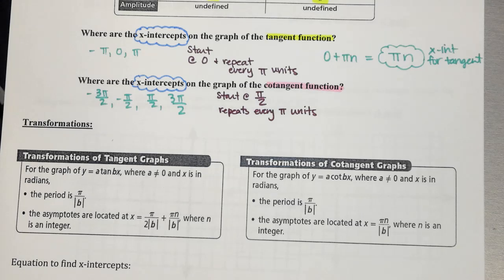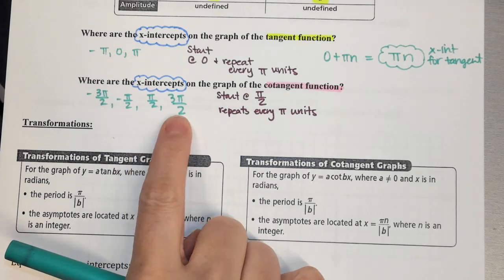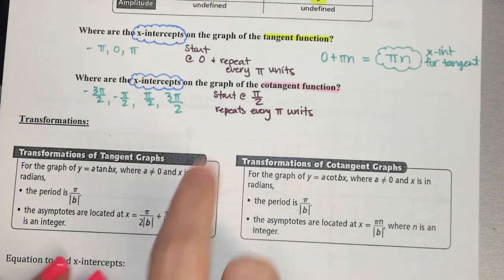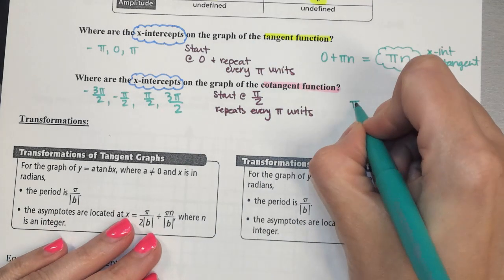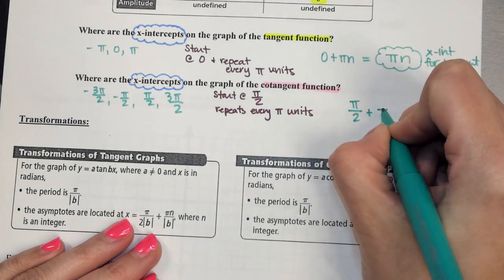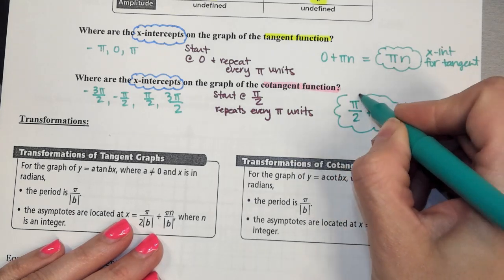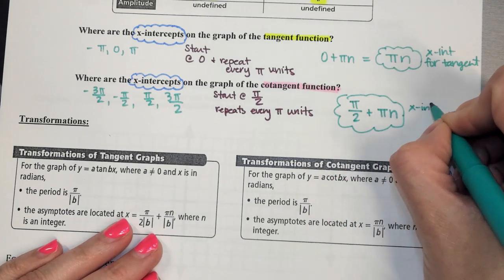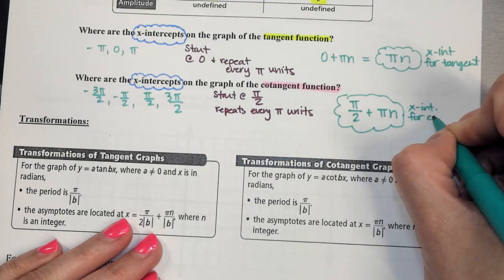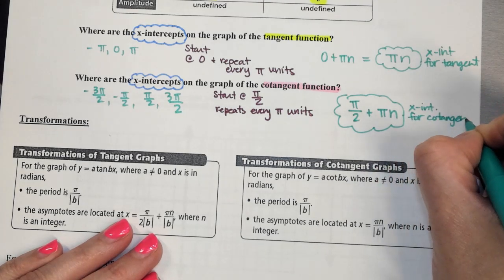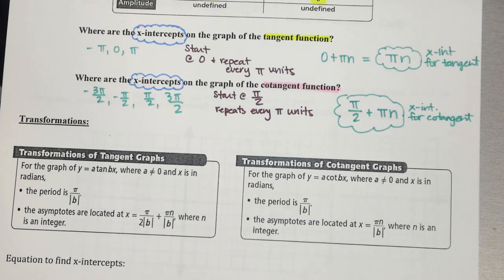Generally you kind of figure this part out on your own, but I think it's helpful for you to start with a positive and then look, it's repeating every pi. So you can always write an equation where you're starting with that first one, and if it's every pi units, we just do pi times n, and these are going to be the x-intercepts for the cotangent. So the x-intercepts for tangent and cotangent are different.